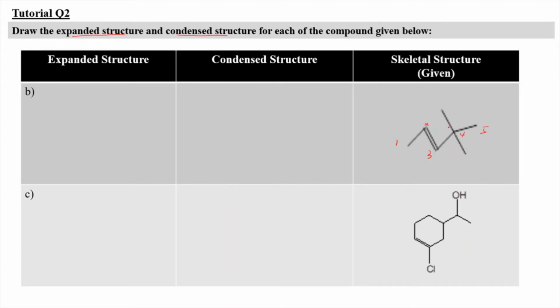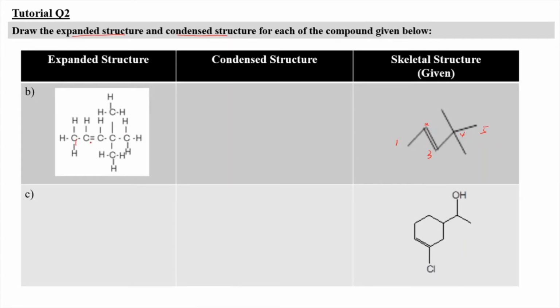So we can draw the expanded structure, where we start with the 5 carbon chain first: 1, 2, 3, 4, 5. Then carbon number 2 and carbon number 3 are going to have a double bond.